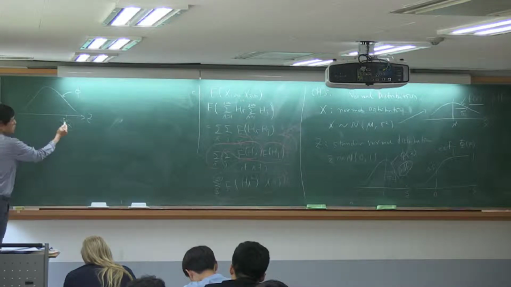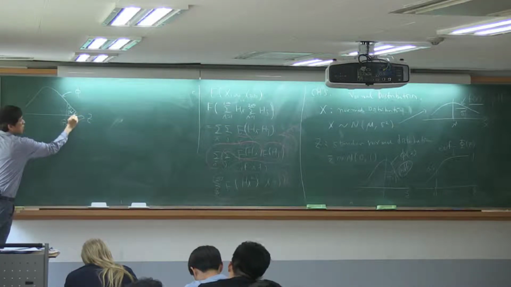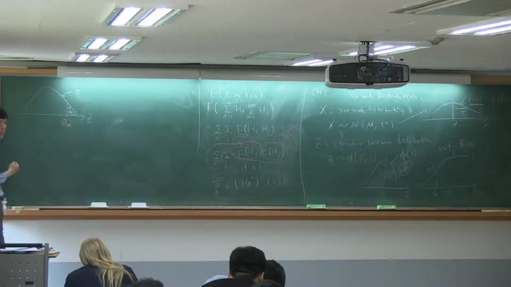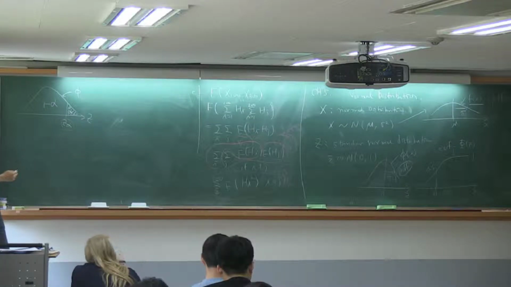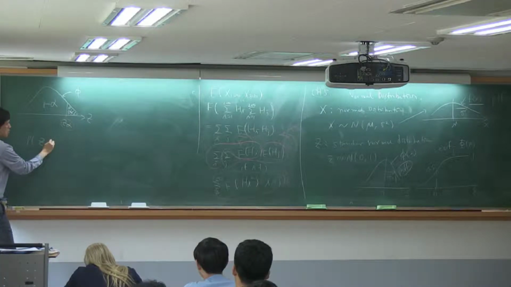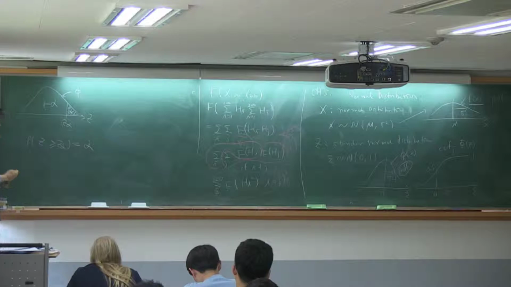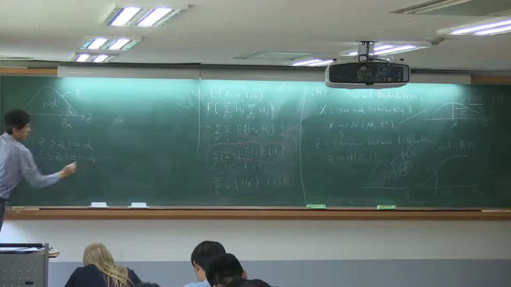It is defined so that the area to its right is alpha, and the remaining area is 1 minus alpha. The probability that G is greater than or equal to g alpha is alpha, and the probability that G is less than or equal to g alpha is 1 minus alpha.